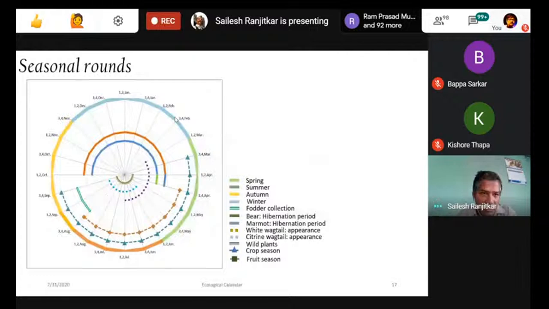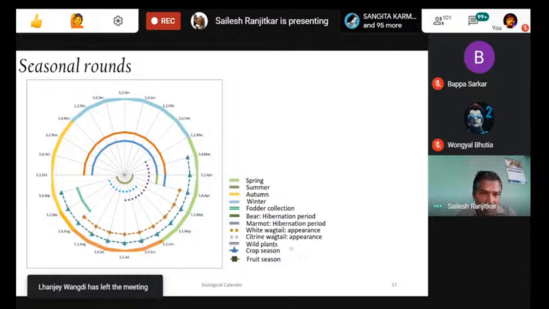So based on that, we can develop a seasonal round. You can see in this seasonal round, we can put different seasons, the timing of different activities like photo collection, the timing of animal behavior with changing periods, like hibernation during the winter for bear and marmot, the appearance of white wagtail and citrine wagtail during the spring, the availability of wild plants, here mostly meaning wild edible plants for collection for human purposes or even for the cattle.